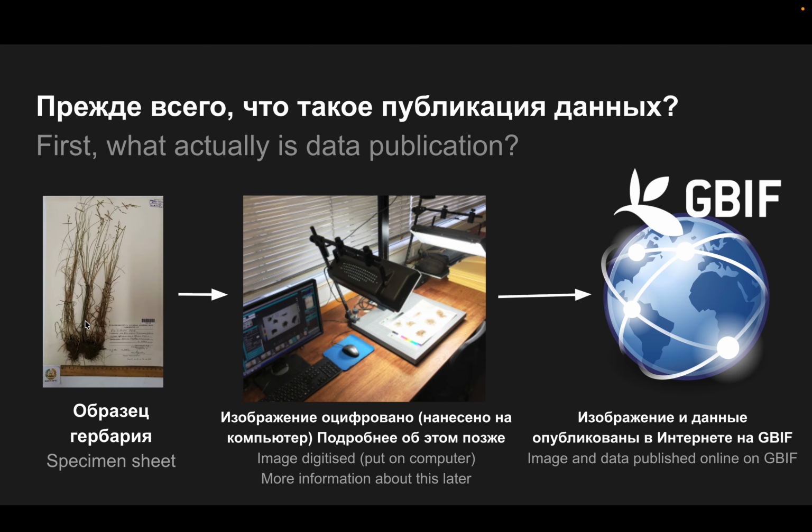What I mean by publishing this is you would take a photograph of this herbarium specimen so that it's digital on the computer, and then you would transcribe, you would write out all of the information on the herbarium label, and then you would, through a data publication process, which Kumush will talk about, publish this online to GBIF, both the image and the text, and that will form part of your data set on GBIF. So this whole process is the process of data publication.